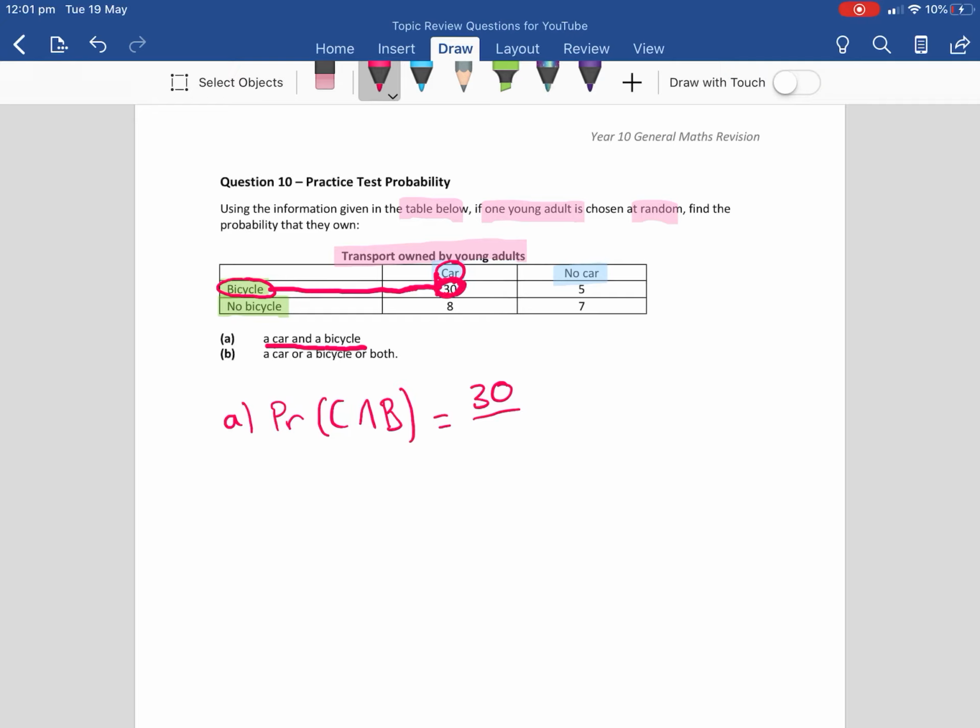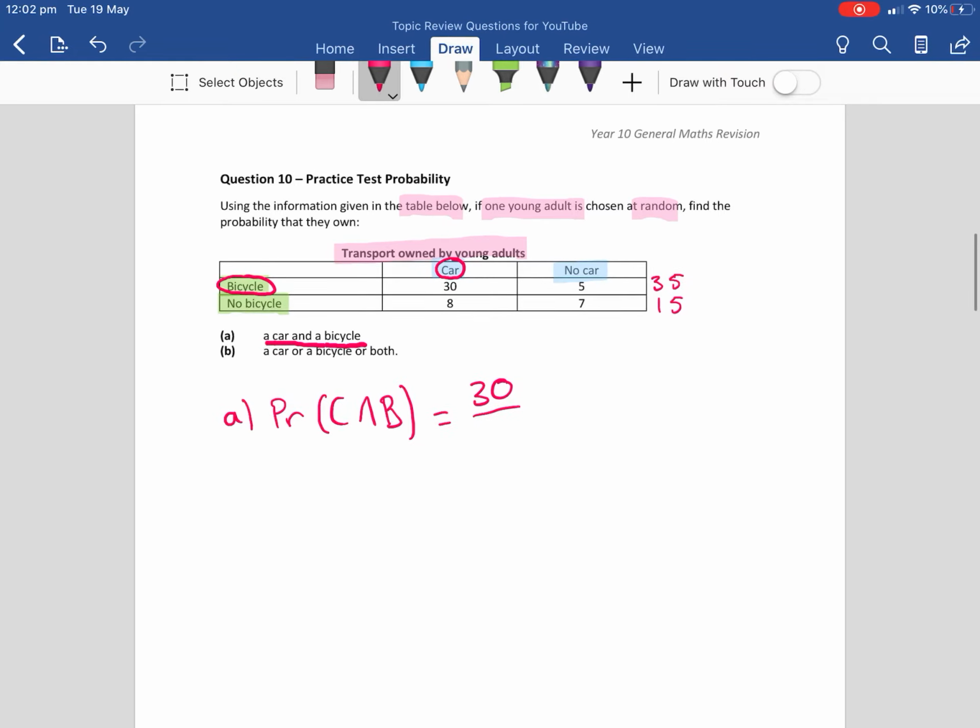Out of the total. So what we need to do to find the total of people, we need to add up our rows and columns. So I'm just going to get rid of some of this. 30 plus 5 is 35. 8 plus 7 is 15. So that gives us 50 people.